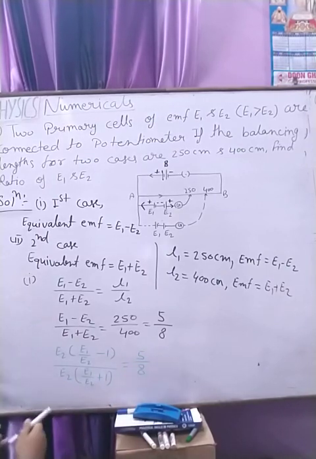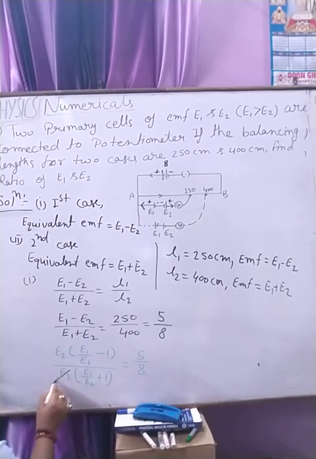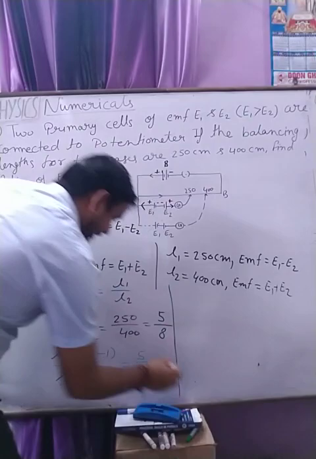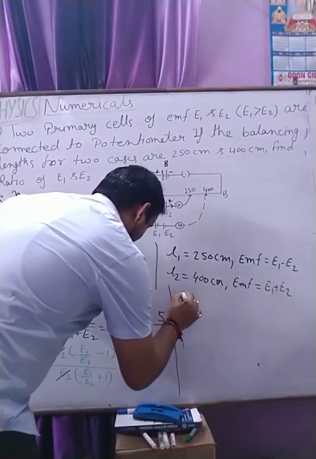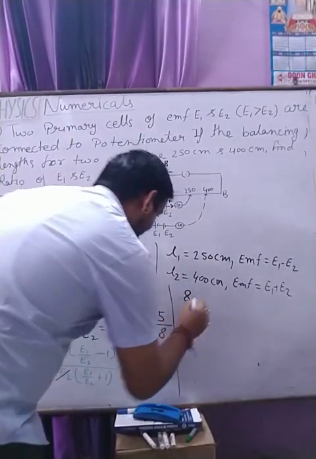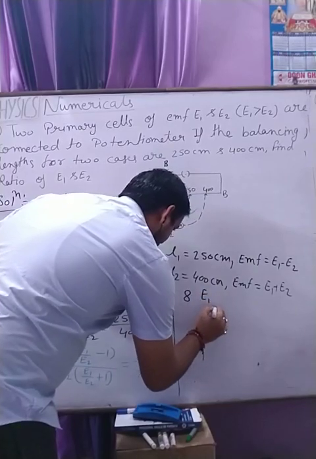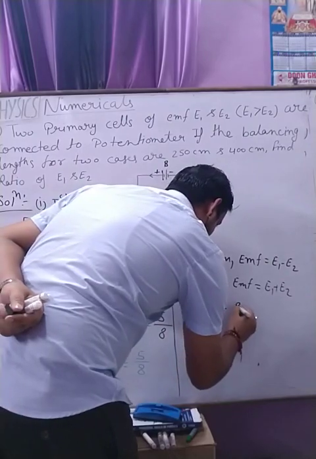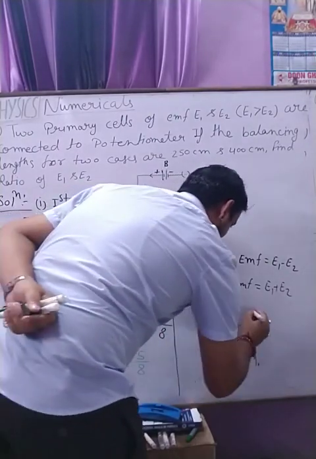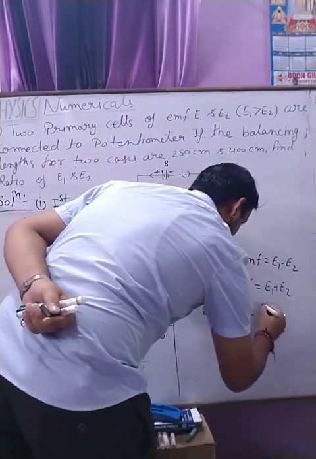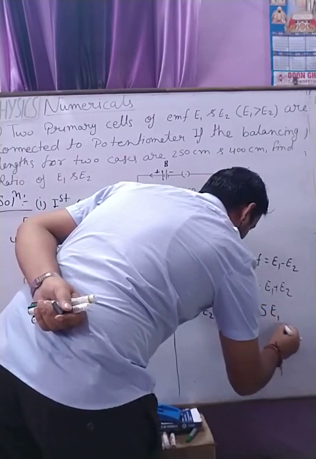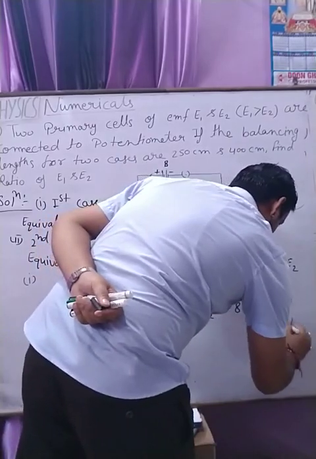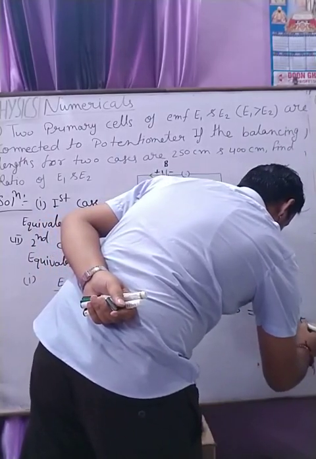Now here E2 cancels, and we solve the equation. So we get 8 E1 upon E2 minus 8 equal to 5 E1 upon E2 plus 5.